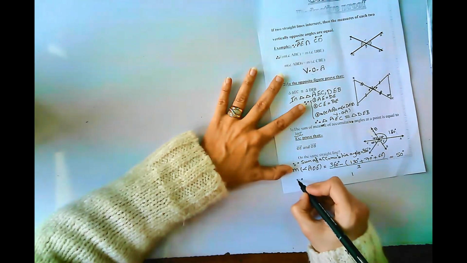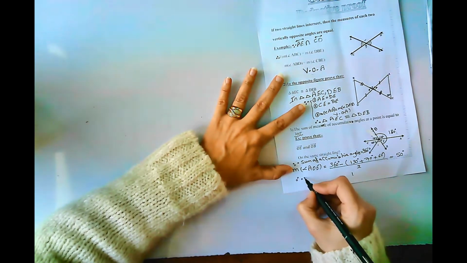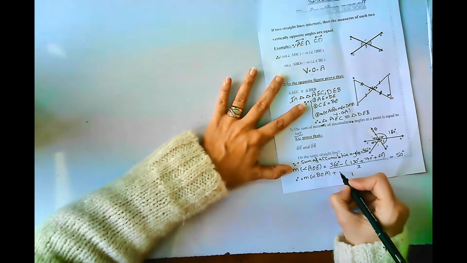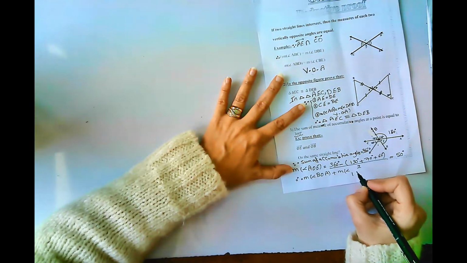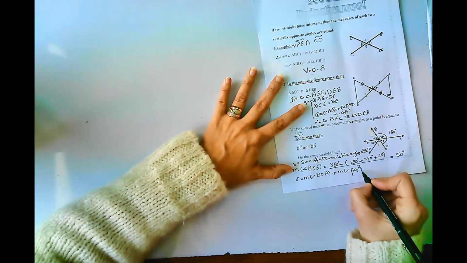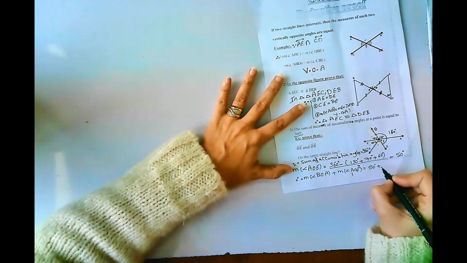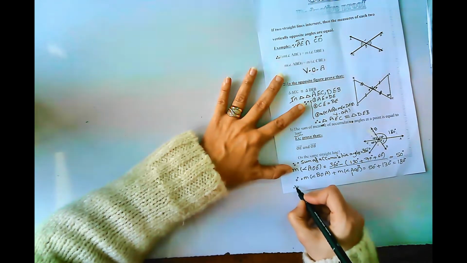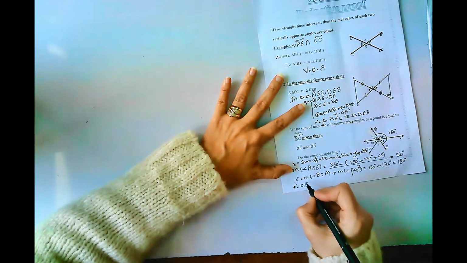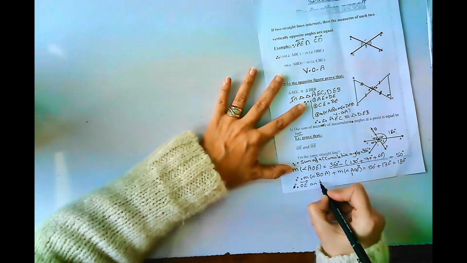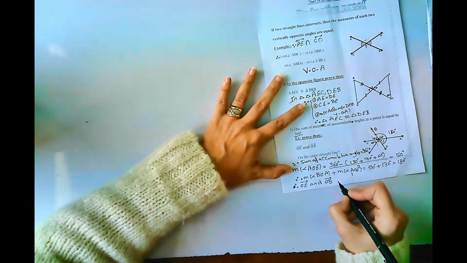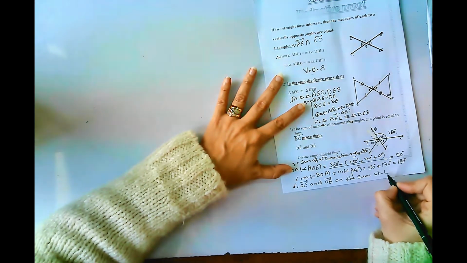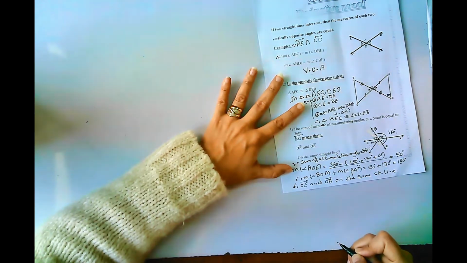Then the measure of angle BOA plus the measure of angle AOE equals 50 plus 130 equals 180. Therefore, OE and OB are on the same straight line. Okay.